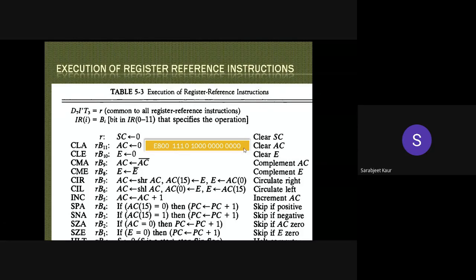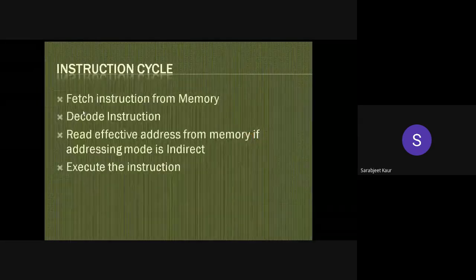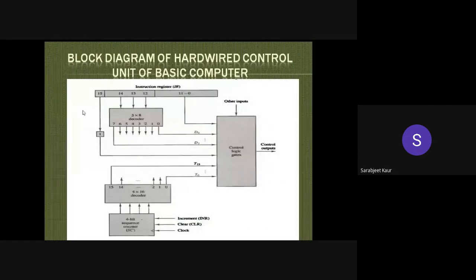So if this is my instruction register, what is the meaning of D7I dash? Please see that so far in our discussions, we have always looked at the I bit as the 15th bit, but it doesn't really make any difference.